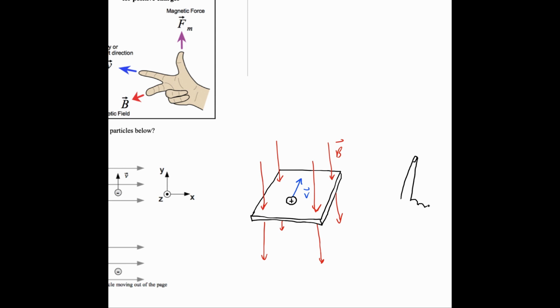But we have to rotate our hand so that our middle finger here is able to point down. When we do that, our thumb ends up pointing to the left.